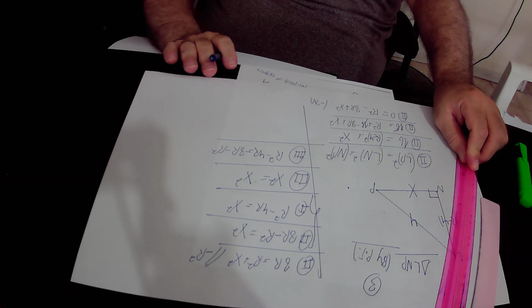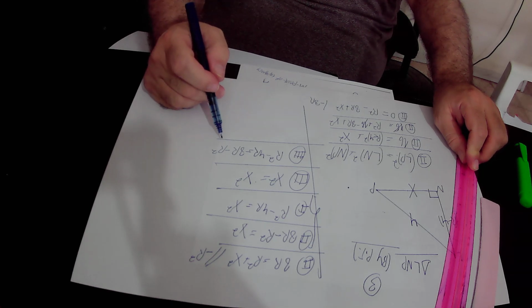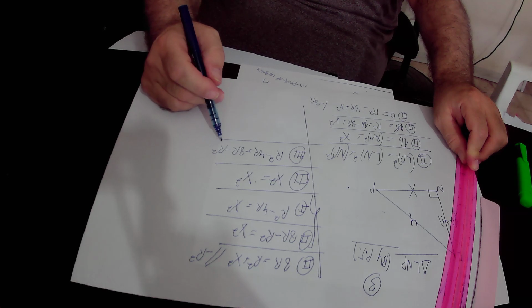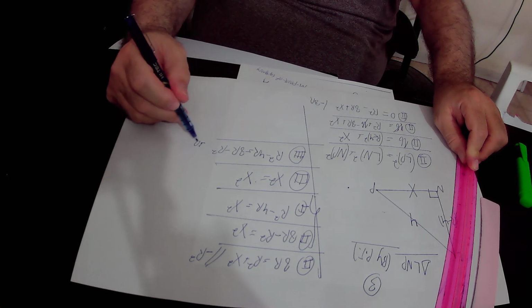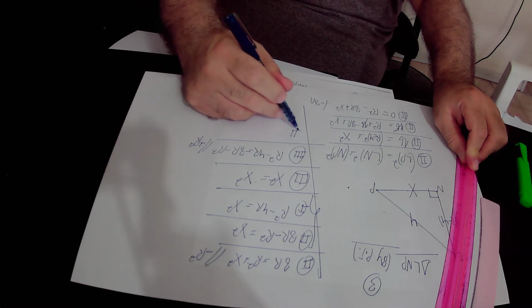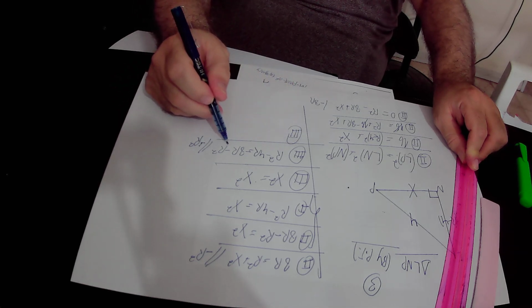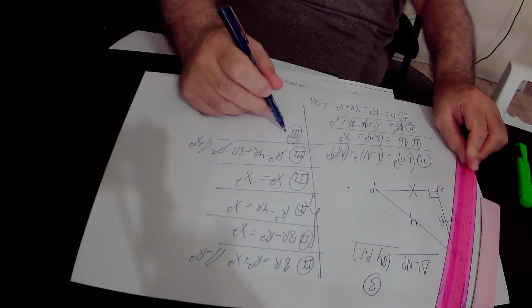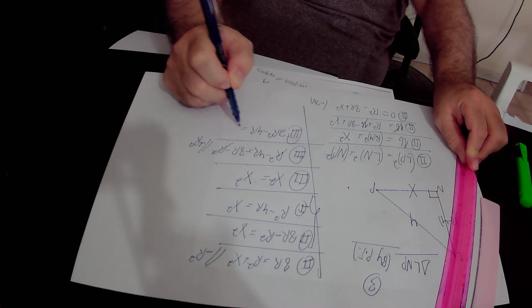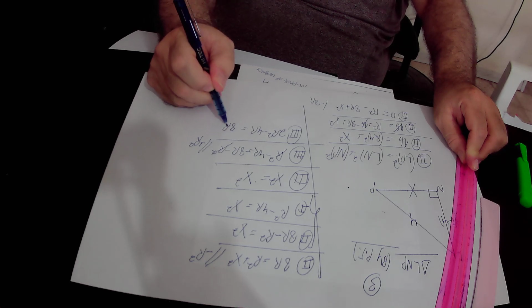Okay. So here we'll add r squared to this equation, equation number 3, and we'll get that according to equation number 3, r squared plus r squared is 2r squared, so it is 2r squared minus 4r, that equals 8r.